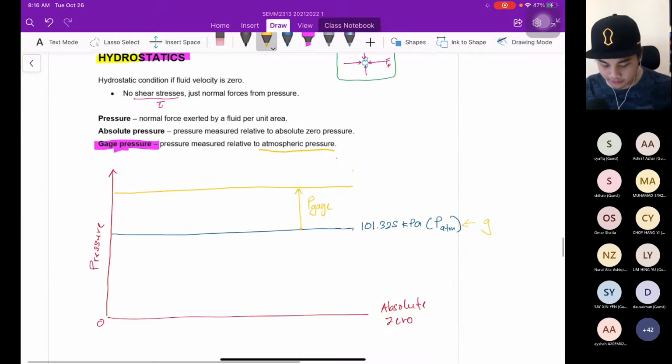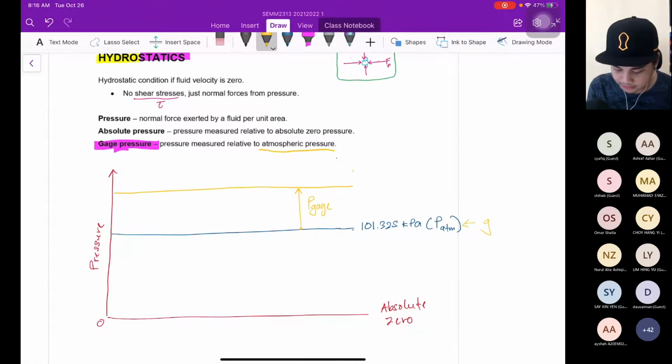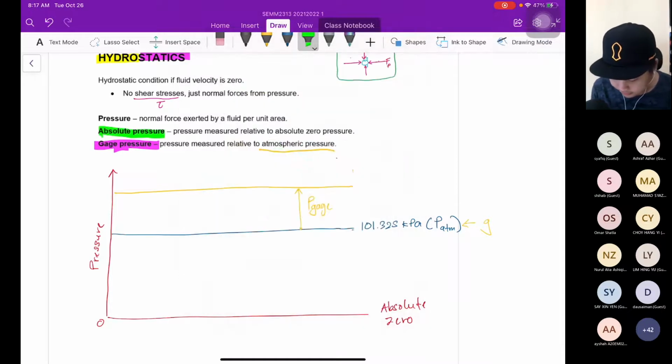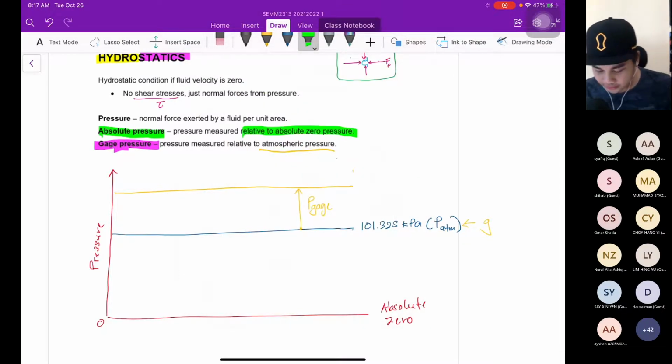However, the absolute pressure is relative to absolute zero pressure. Where is absolute zero? This one. So this now becomes the reference for the absolute pressure.